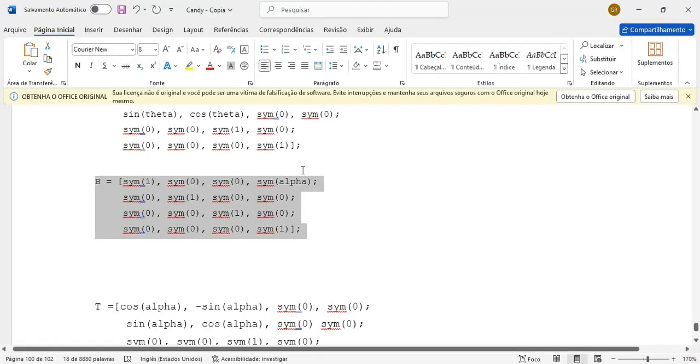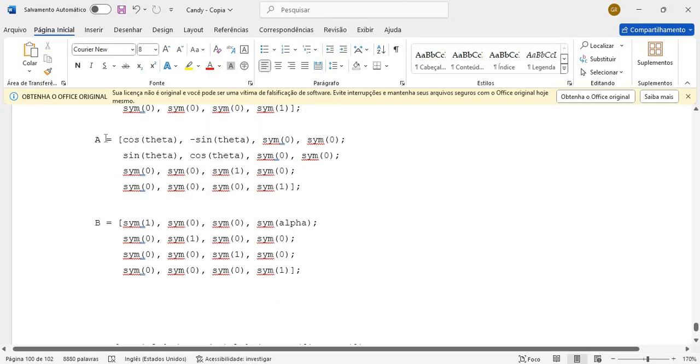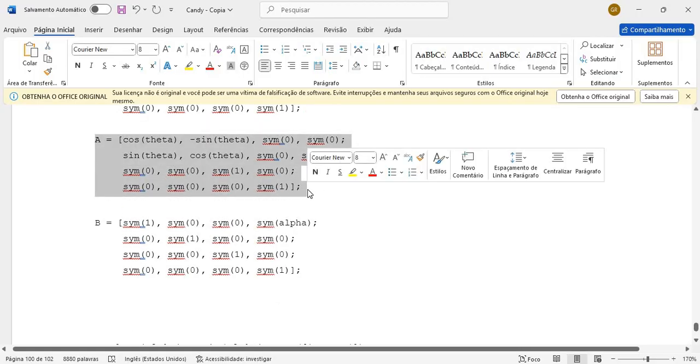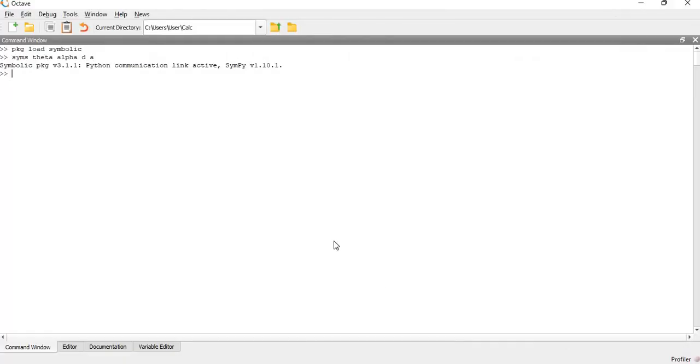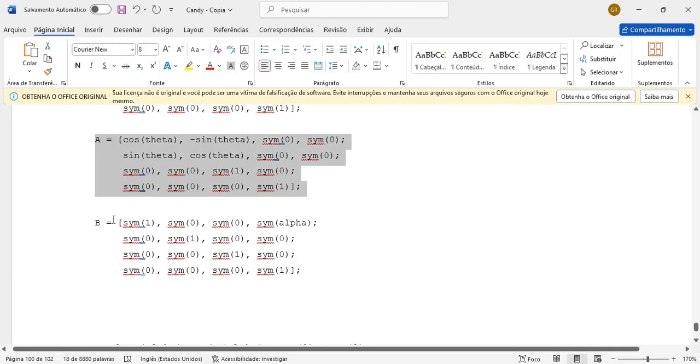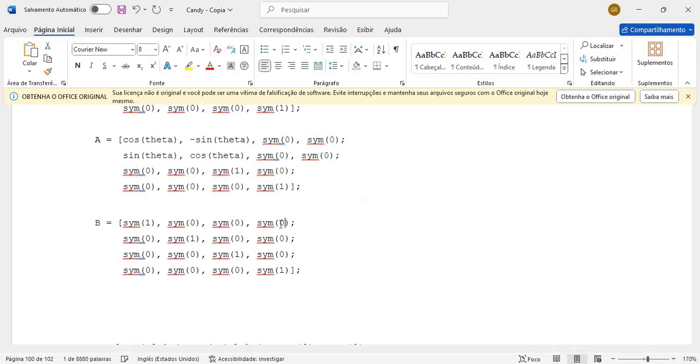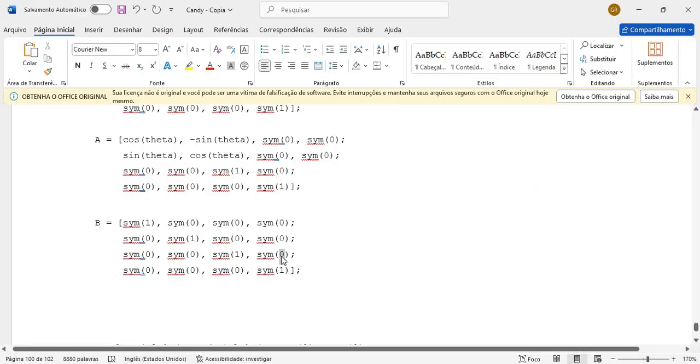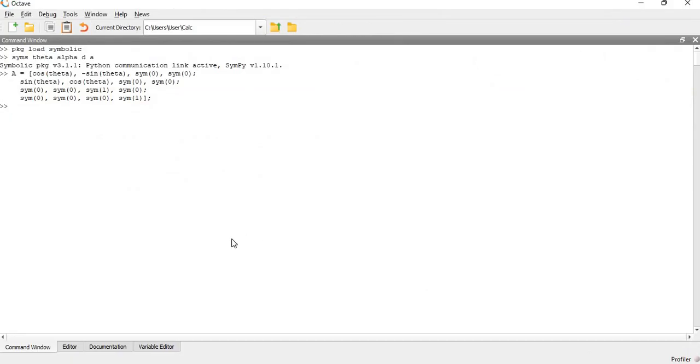Okay, let's do it again. First, this one. Now this one. Let me see. 0, and right here, D. And again, for obvious reasons, we are not using the index n+1 to make it easier for us.